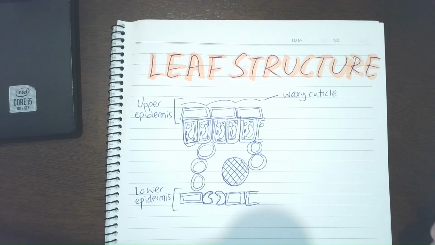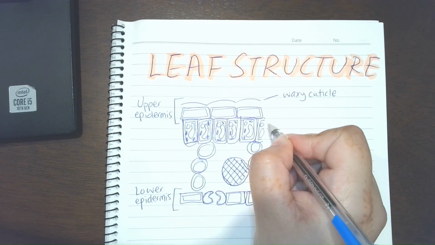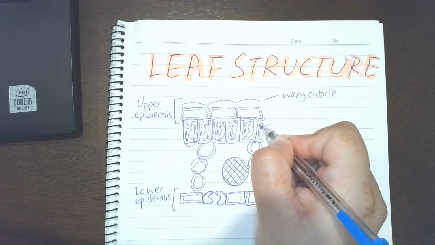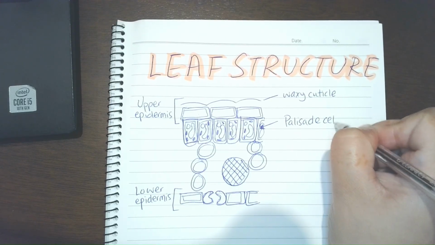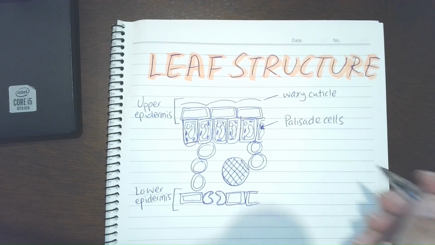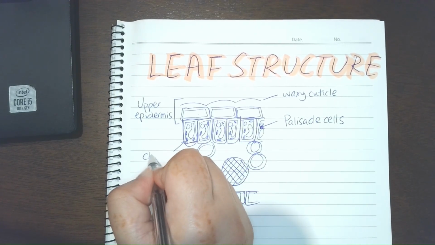Right, now these cells over here are palisade cells, okay? They're a type of specialized plant cell. Palisade cells, this colored in structure is your chloroplast.